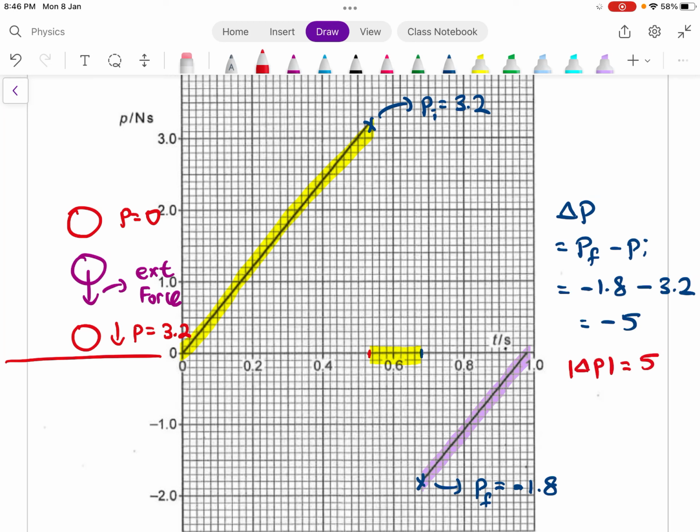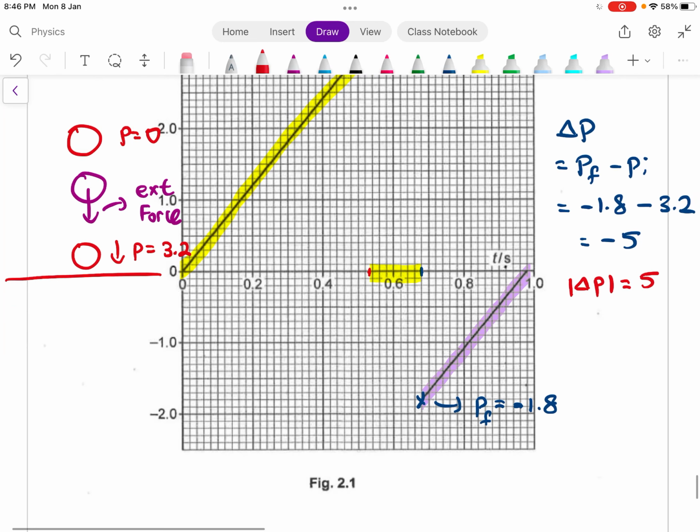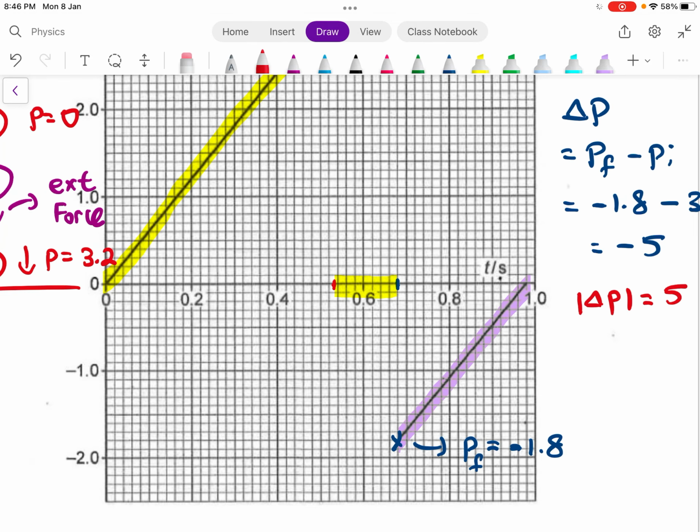With this, I will need to determine the time in contact with the ground. This is where you need to look at the x-axis. If I zoom in, when you hit the ground, you are at a time of roughly 0.53 seconds. Then after you hit the ground, you want to leave the ground already.